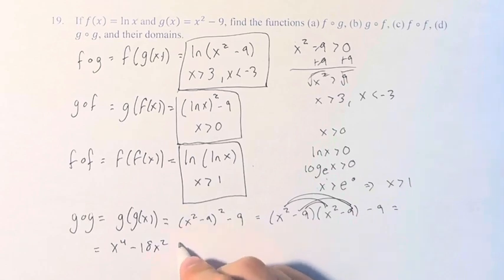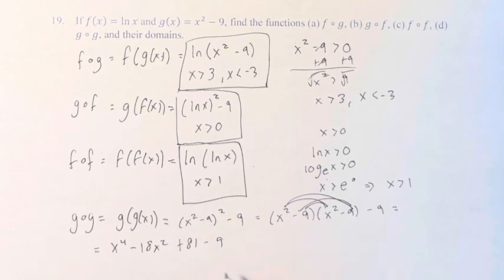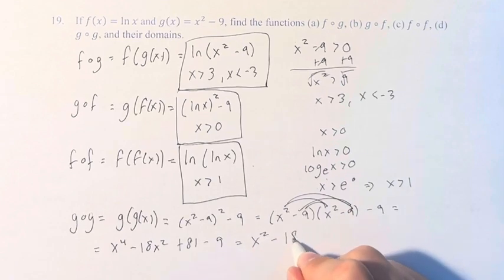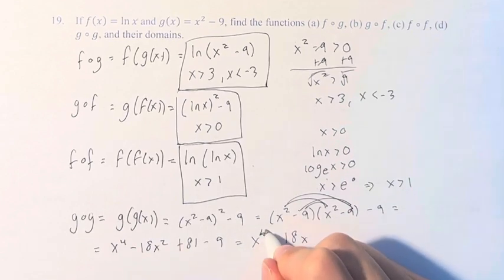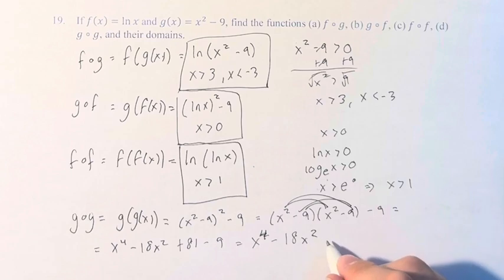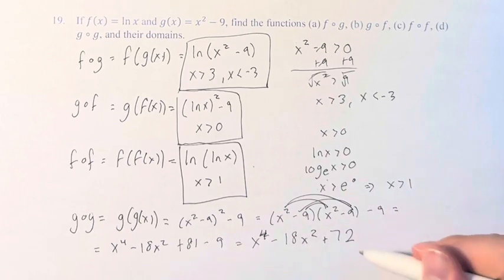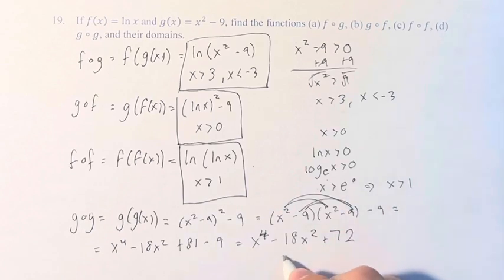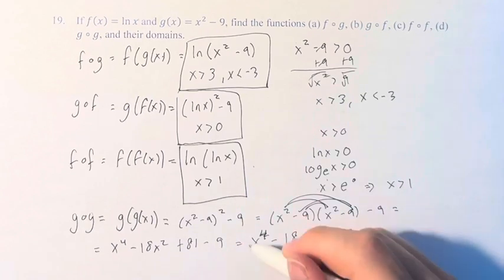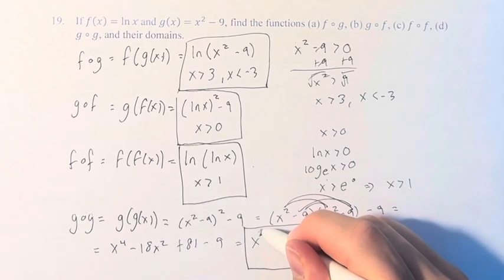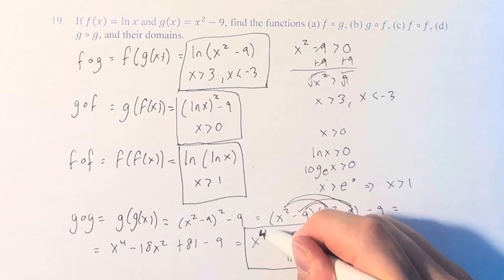Negative 9 times itself is positive 81. Then don't forget the negative 9 at the end, meaning we have one last step to get x to the 4th minus 18x squared plus 81 minus 9 is plus 72. And this has no domain restrictions. So we can say all real numbers, and this is our final function.